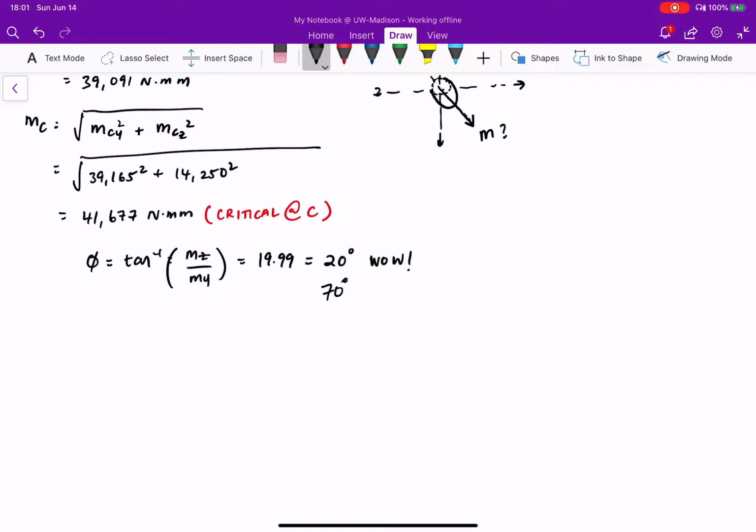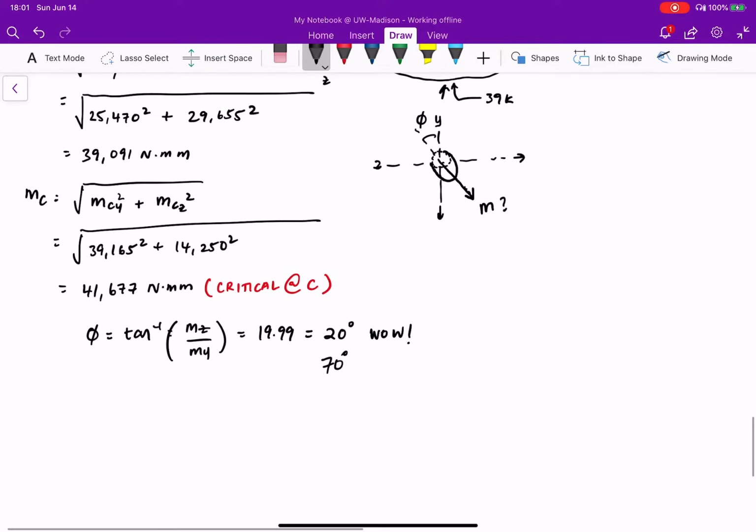It just means that the direction in which this is being pushed is similar to the direction in which the external load is being applied. And in our case, that's 20 degrees.